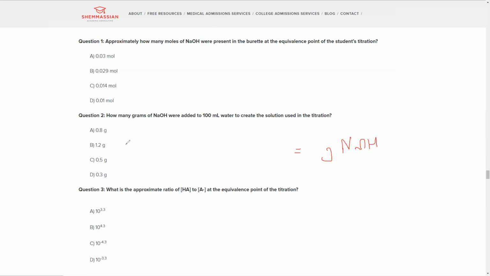Grams of NaOH started with, so we have our 0.2 moles NaOH per liter, right? Now we have our 1 liter per 1,000 milliliters times 100 milliliters.